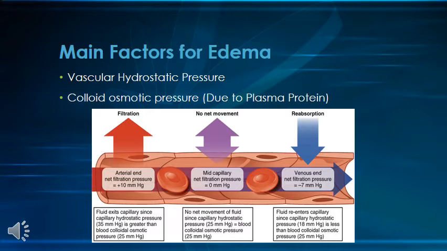Keep in mind, if vascular hydrostatic pressure increases, fluid moves out from the blood vessel into the interstitial spaces. When fluids move out and accumulate in the interstitial spaces, it causes edema. So an increase in vascular hydrostatic pressure causes edema.